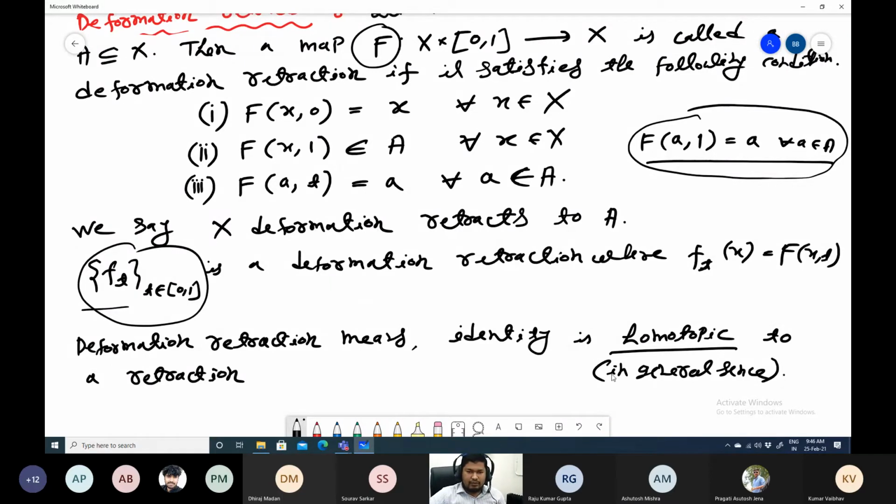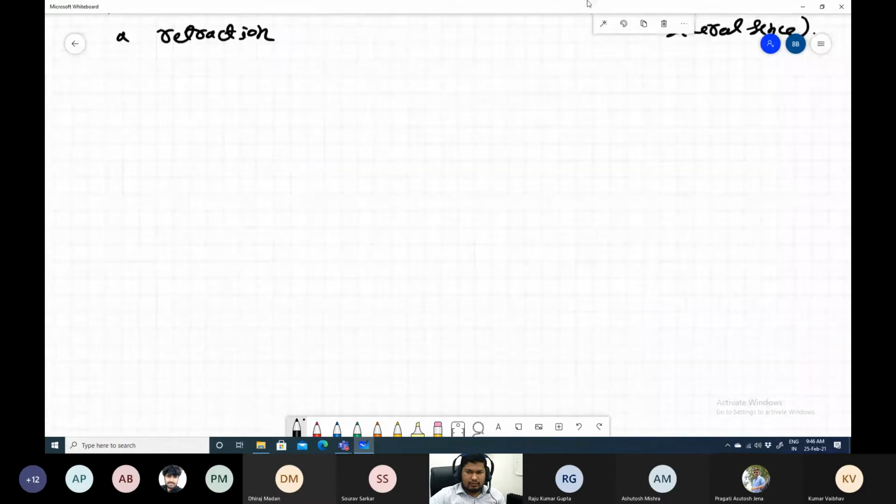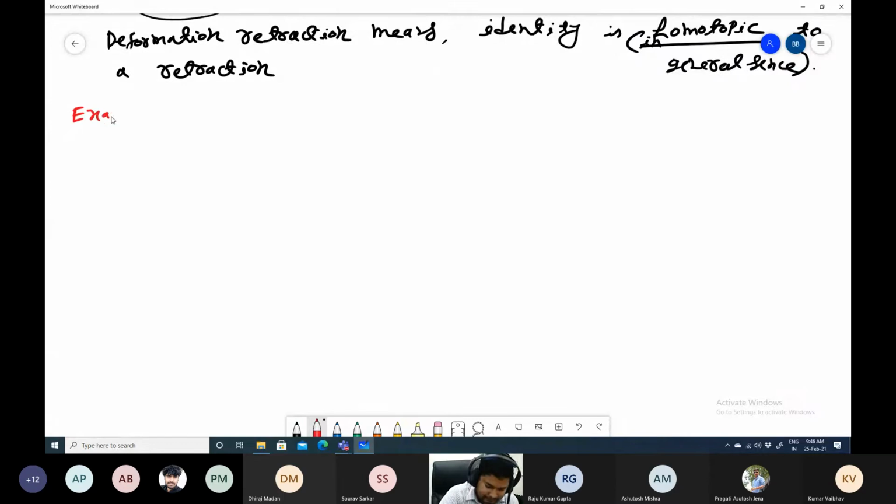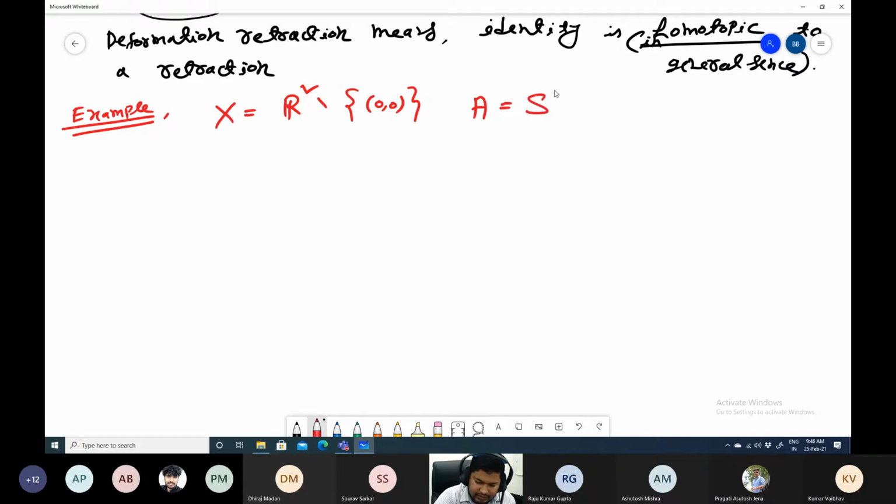So now let's see one example. Say X is R2 minus the origin, 0 meaning (0, 0), and say A is the circle, that is the set of (x, y) with x squared plus y squared equal to 1. First of all, can you give me one retraction R from X to A?